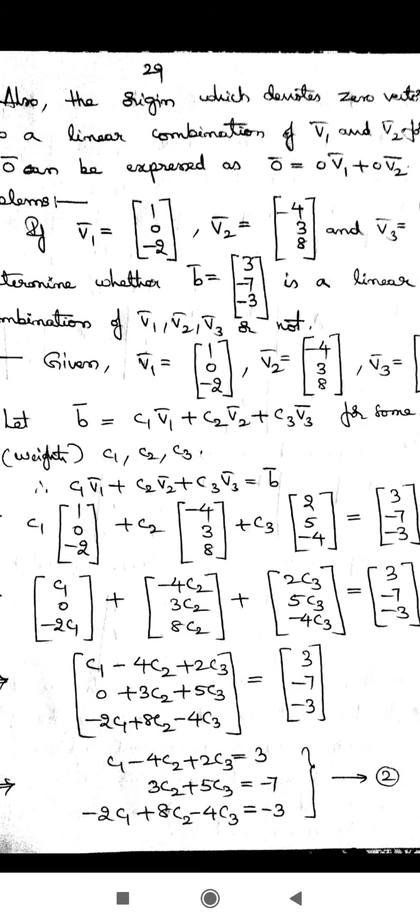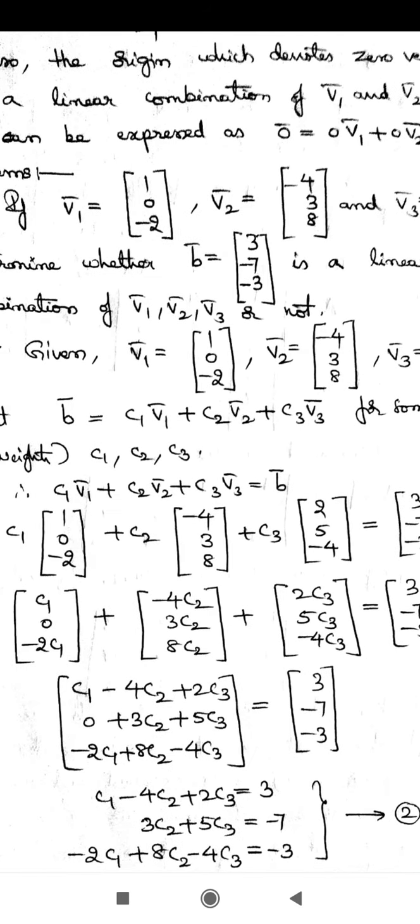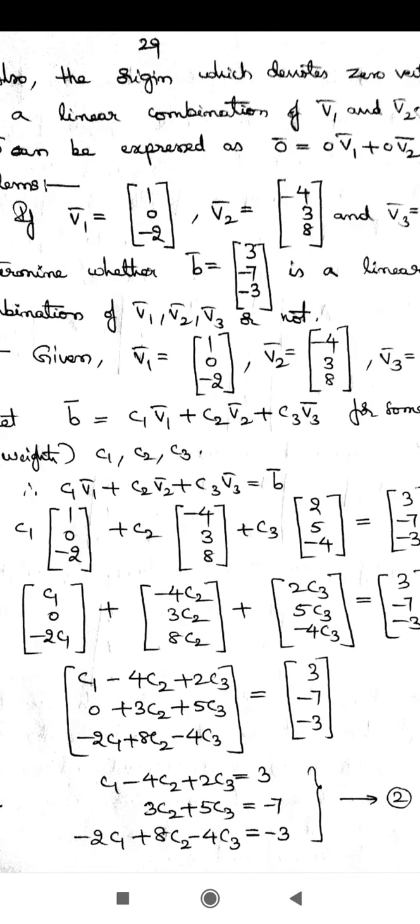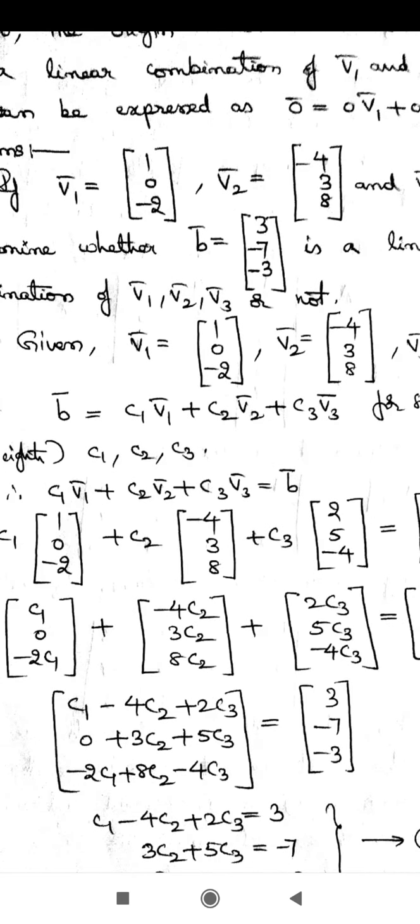Then I have taken the scalar multiples of all these vectors with c1, c2, c3, and we can see the new vectors formed. Then we find the sum of all those three vectors on the left hand side, which we can do by addition of matrices.